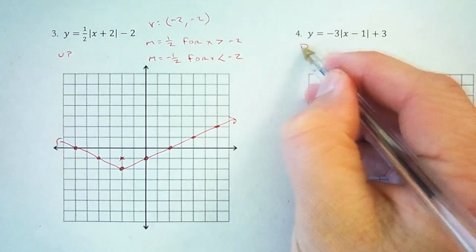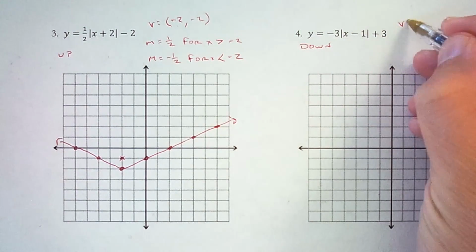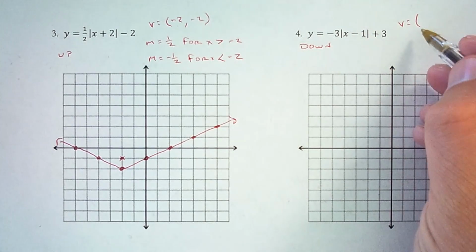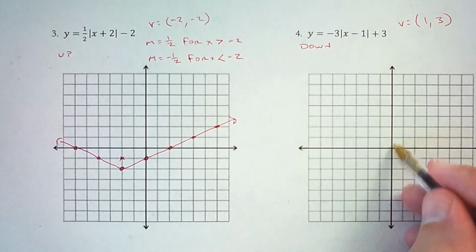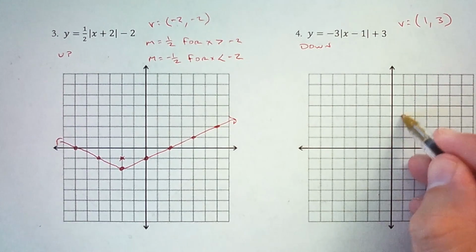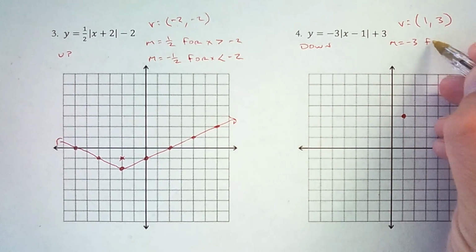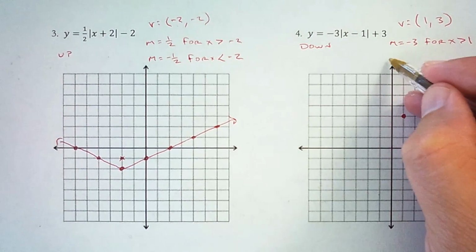And this last one is going to open downward because A is negative. The vertex is positive 1, so there's the opposite of H. So H is 1, K is 3. So 1, 3. There's the vertex. The slope on the right side is negative 3, so that is negative 3 for x's that are greater than the x value of the vertex, 1.